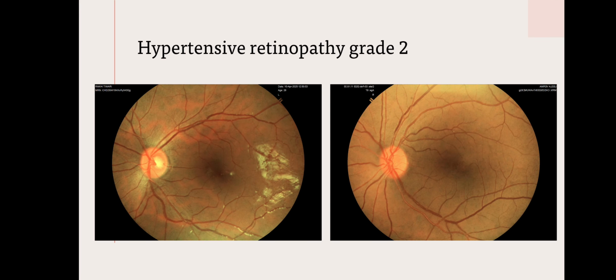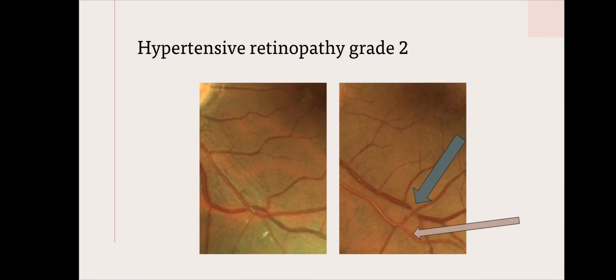Hypertensive retinopathy grade 2 is when you start having the vessel wall changes, and this causes some stiffness of the arteries. As a result, at the crossings between the artery and vein, the vein, which is thin walled and softer, is pressed.